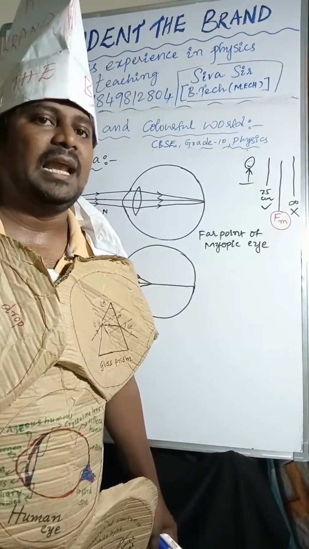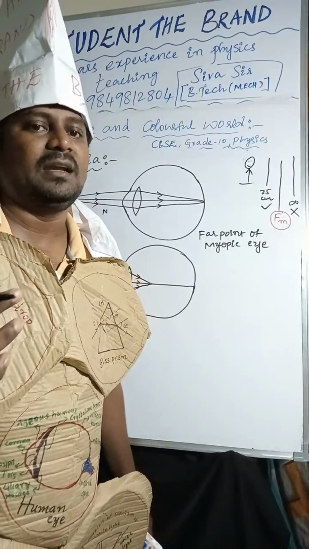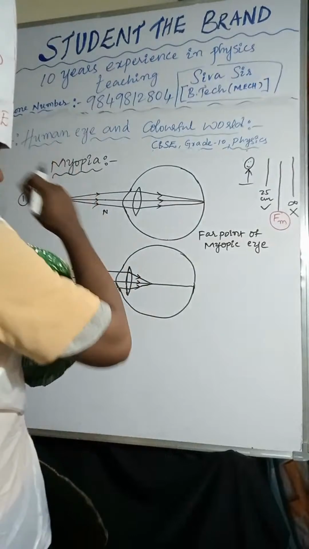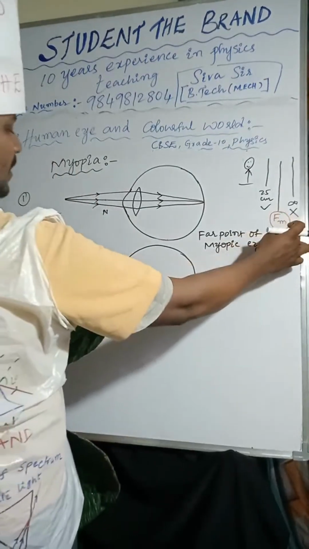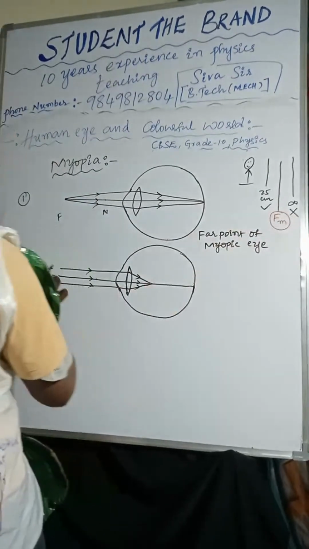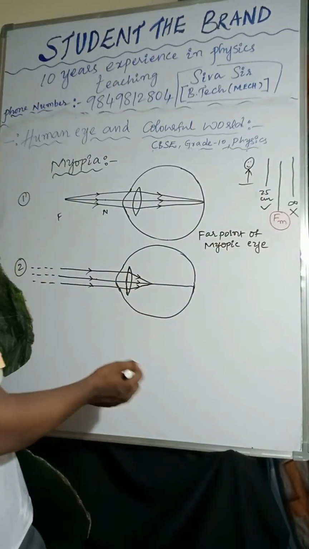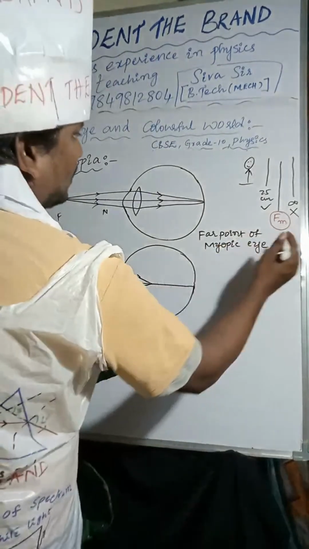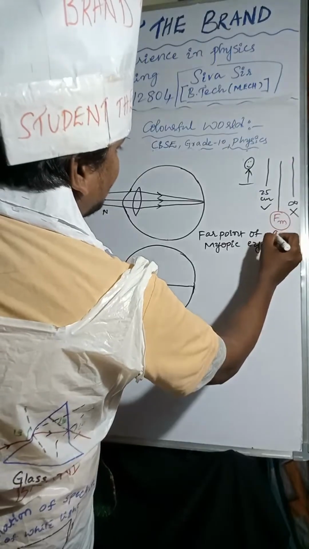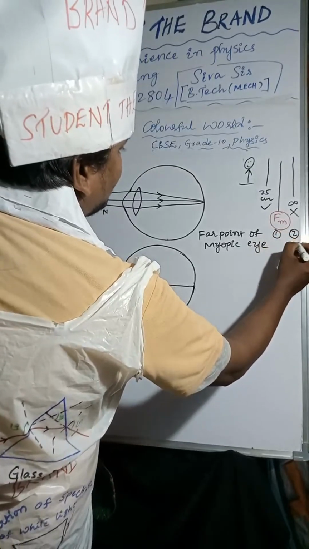If the light rays are not meeting at the retina, we can't see. So that's why, at this far point, the dotted lines represent light rays coming from infinity. So how to correct it? The first diagram is this one, the second one, and coming to the third one is the correction.